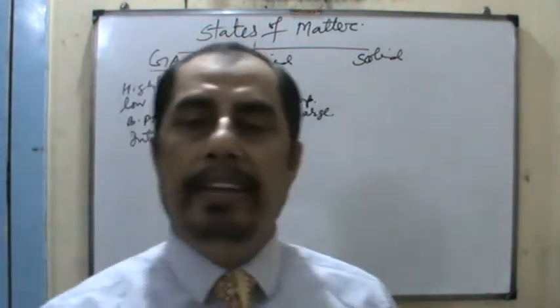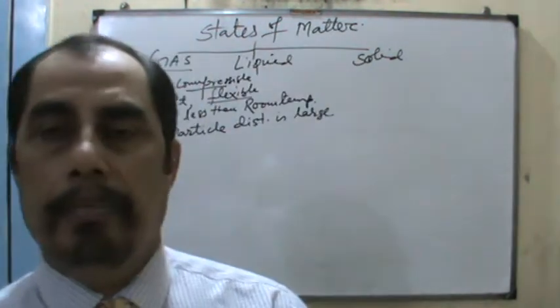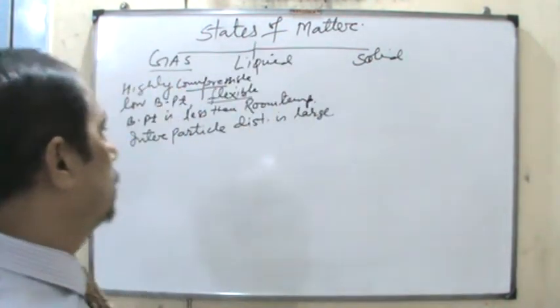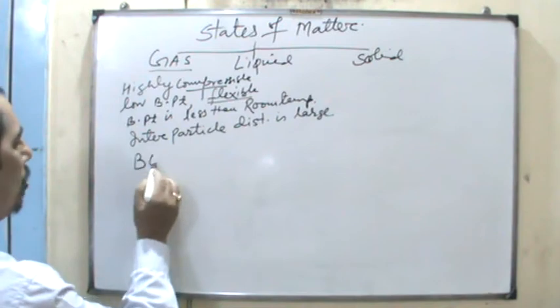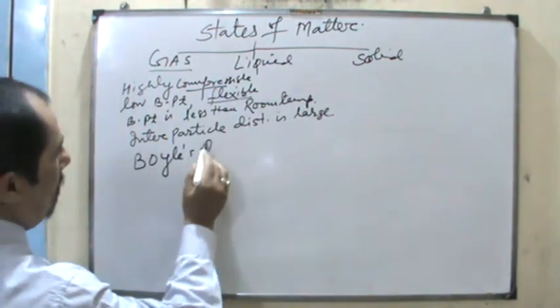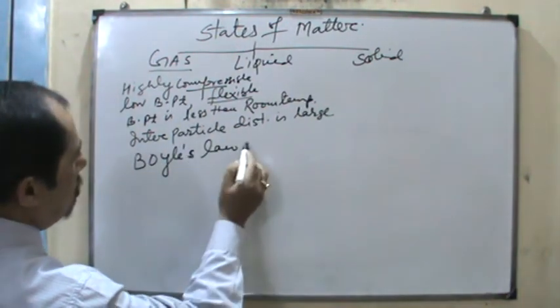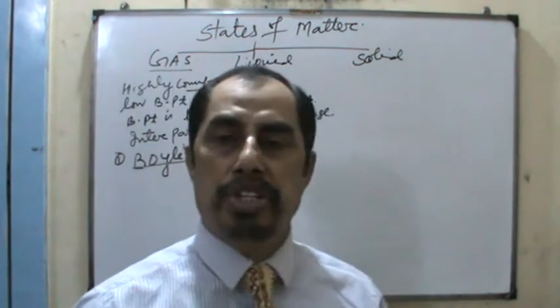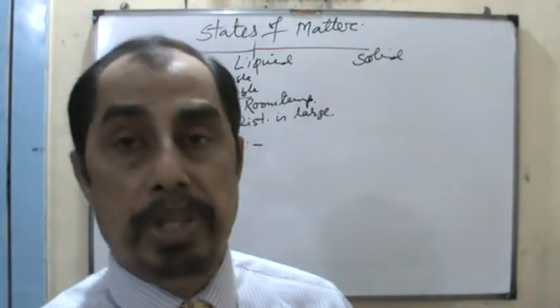In order to explain the properties of gases, various laws are given. The first law is known as Boyle's law. This law establishes the relation between volume and pressure at constant temperature.